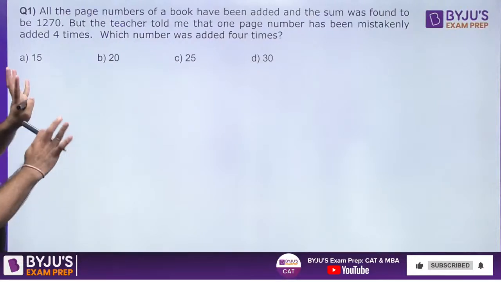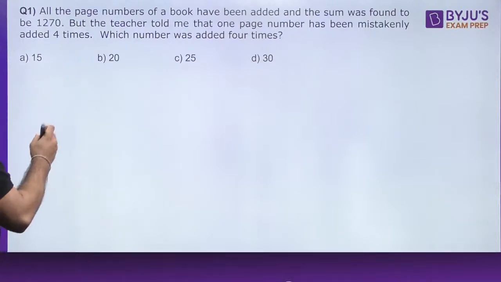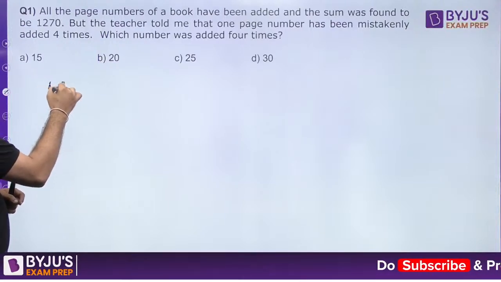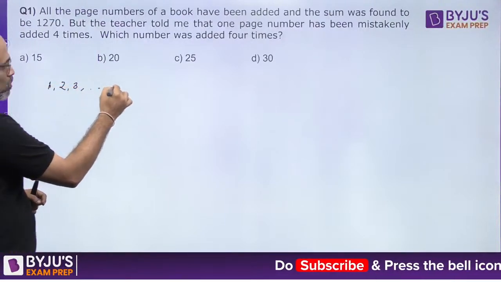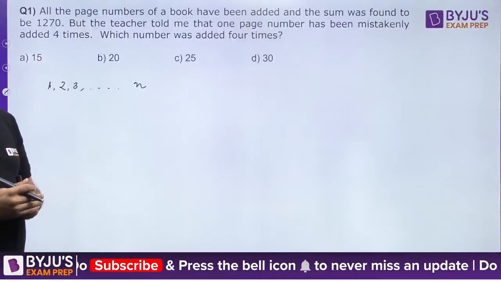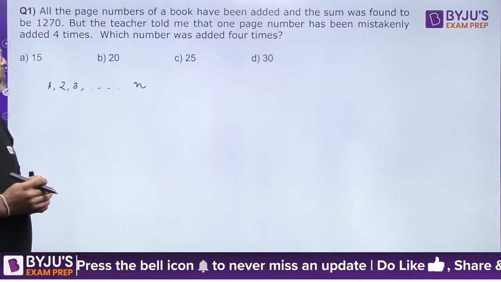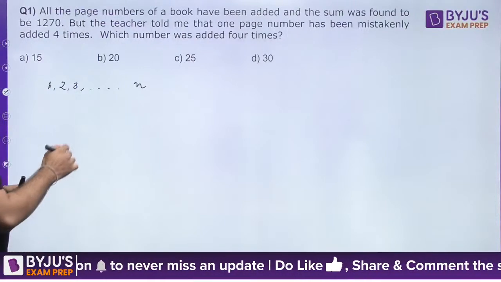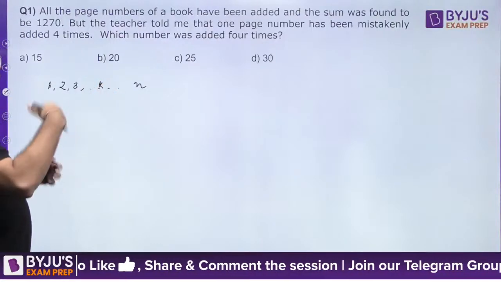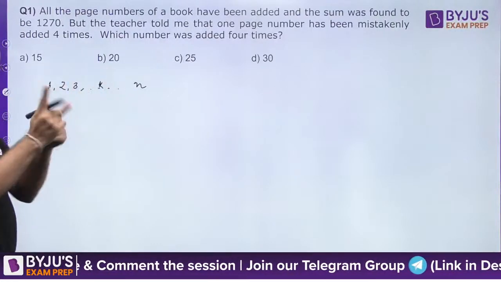So, see, if you have a book, it will have page numbers which will be 1, 2, 3 and so on up to a last page number, let's say it's n. Now, one out of these page numbers, let's say the number k was added 4 times. So k should be added once for sure.